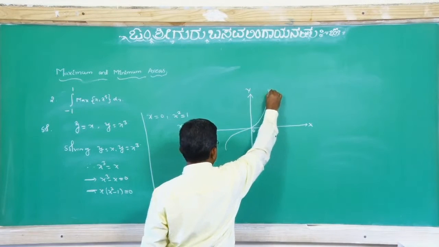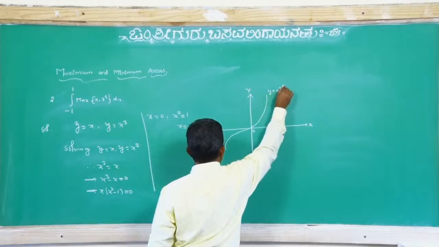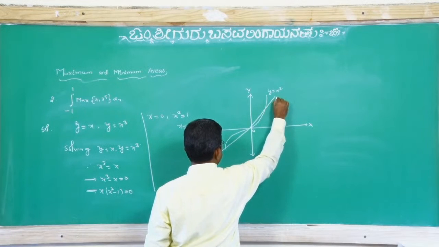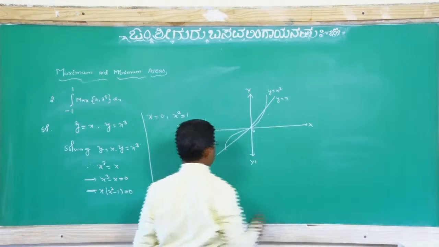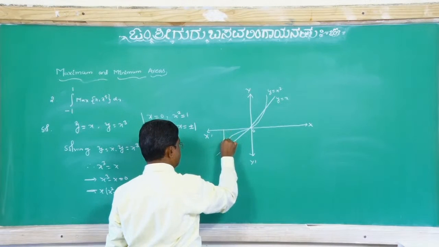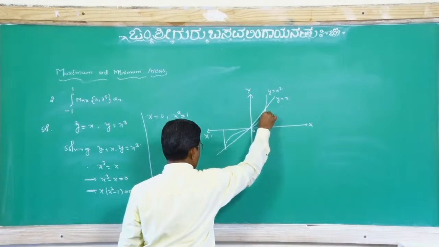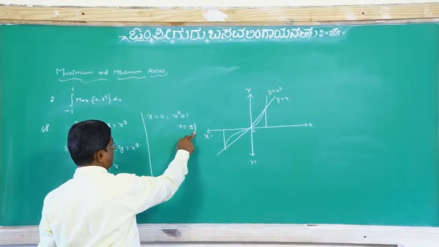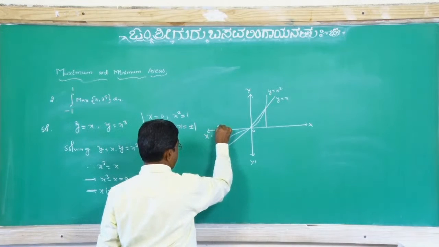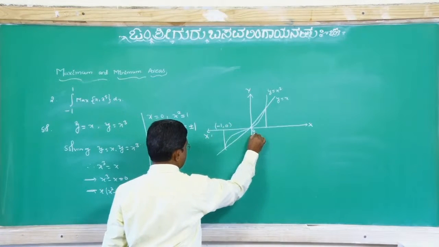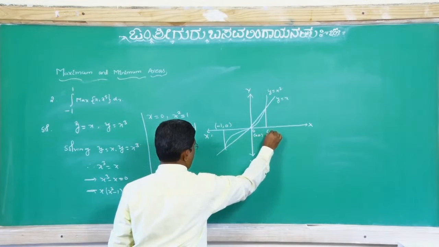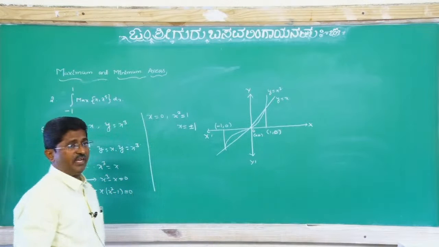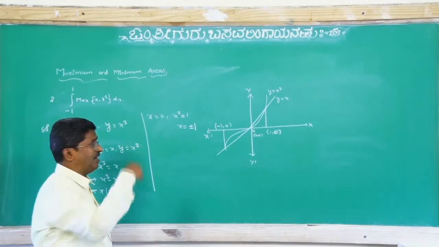So this is y is equal to x cube, the given curve, and y is equal to x is the given line. The given curve and the line meet the axis at the points minus 1, 0, 0, 0, and 1, 0. We have to determine the maximum area of the given curves.